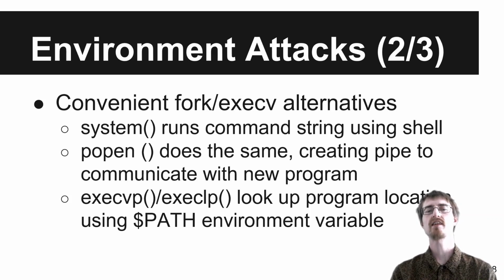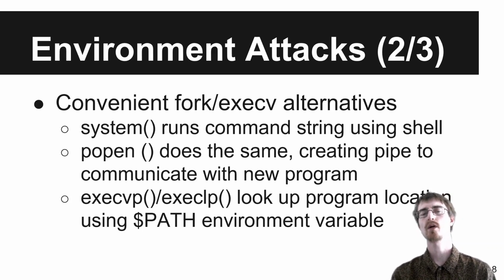popen does essentially the same thing, but also creates a pipe. In Unix we have redirection, which is a very powerful primitive allowing us to link programs to each other using their standard input and standard output. So popen creates a pipe and links it to the standard files to allow you to communicate with the new process. Again, very convenient. And finally, we have a variant of execv, which has a p at the end, which helps you by looking up the program location.